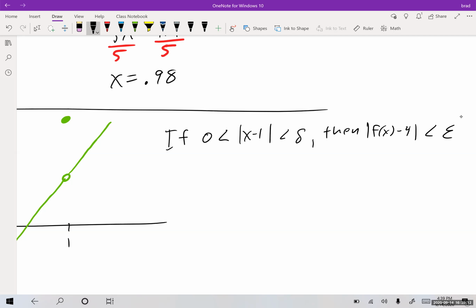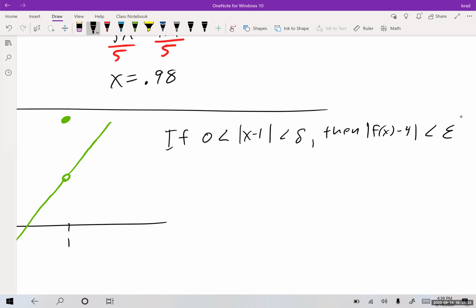Well, then they're saying, well, what if I don't tell you how close I want you to be? Because couldn't somebody say, well, 0.01 or 0.1 isn't good enough, I want 0.001. And then somebody else could say, oh, that's not good enough, I want 0.00001. So everybody could keep changing how close to 4 they want to be, and you'd always have to build a new delta that could get you to within that closeness. Now, here's the thing.